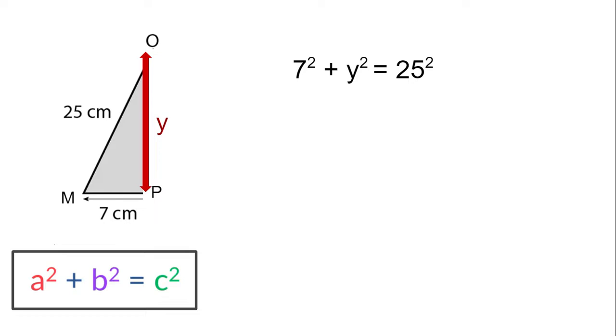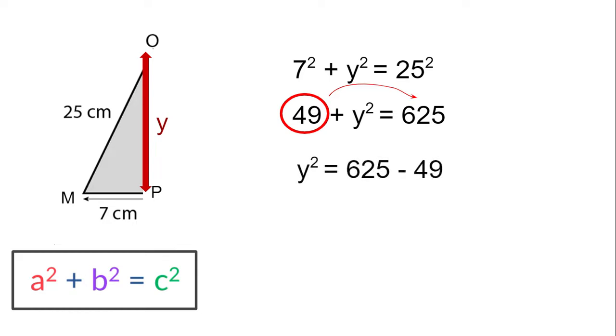So 7 squared plus y squared equals 25 squared. 7 squared means 7 times 7, that's 49, plus y squared equals 25 squared, which means 25 times 25, that's 625. Now when I take my 49 to the other side, it becomes negative 49. So y squared equals 625 minus 49, and I got y squared equals 576.